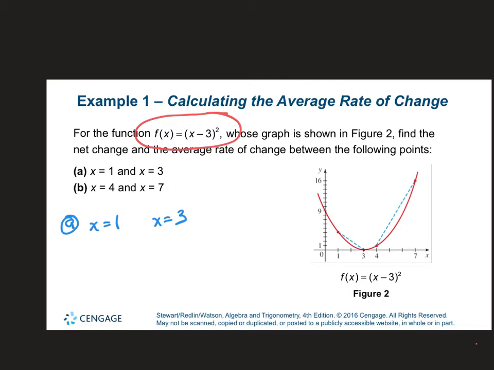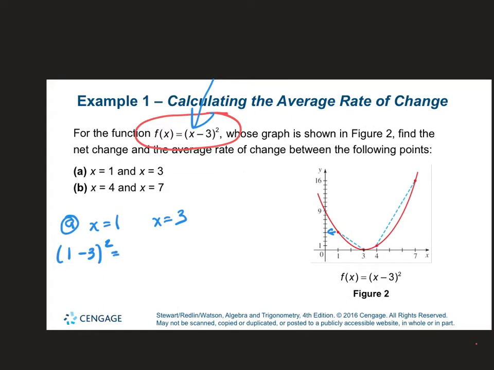So I can go over here to my picture and I can say, okay, when x is 1, what is the y value? When x is 3, what is the y value? Or I can calculate it given the function. I can plug in x. If I plug in 1, 1 minus 3 squared.